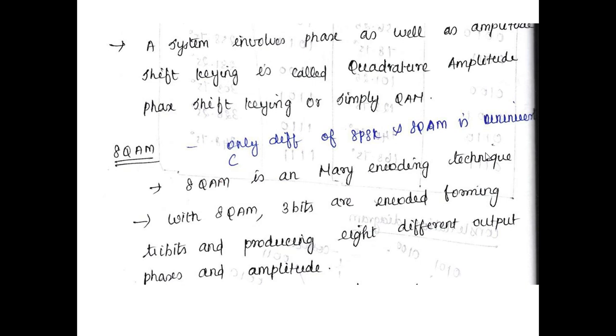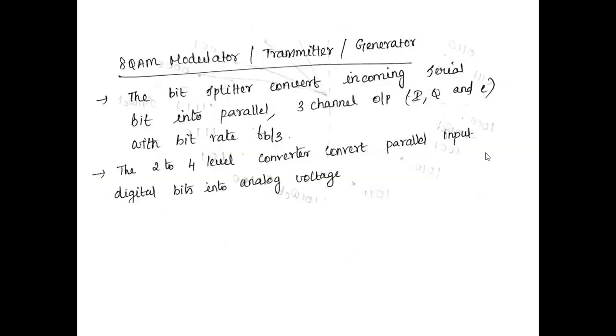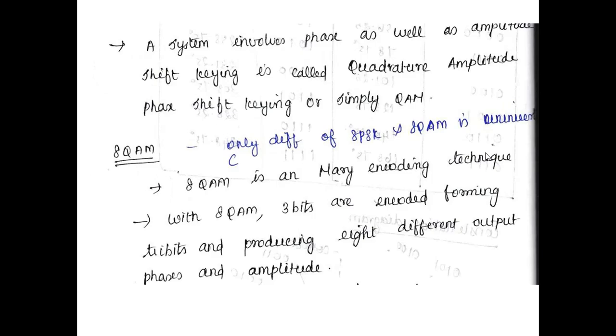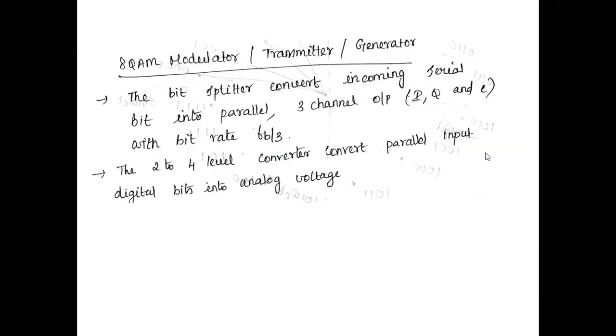In 8 QAM, 3 bits are encoded, producing 8 different output phases and amplitudes. So if we use 8 QAM, what is the meaning of n and M? We use 3 bits and a total of 8 possible outputs.